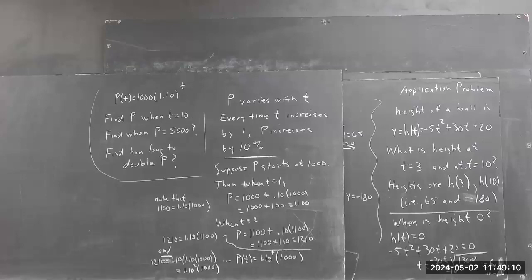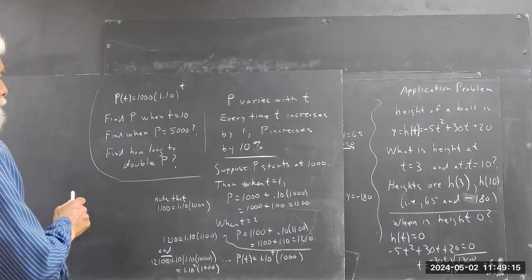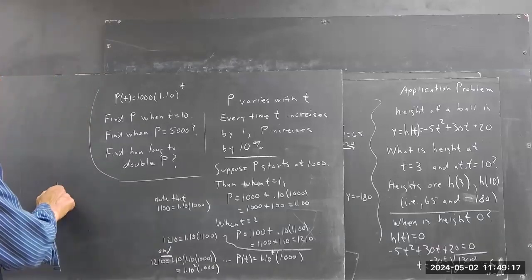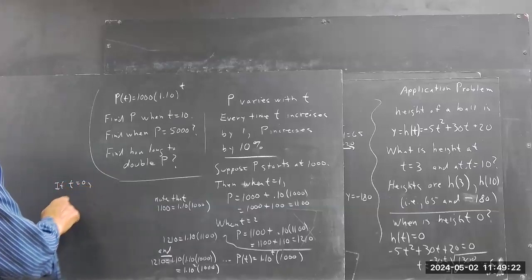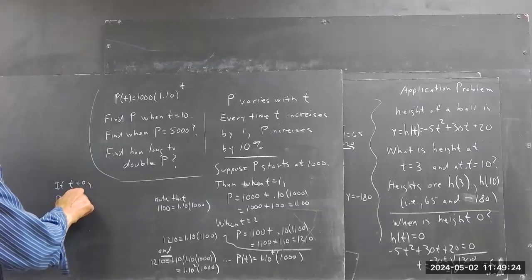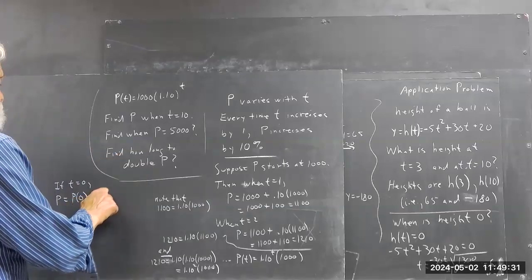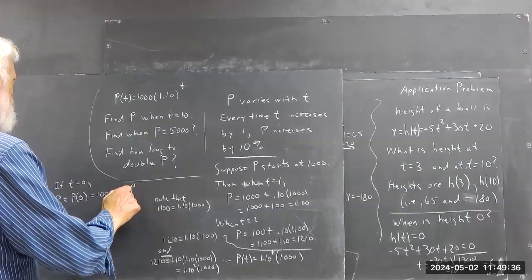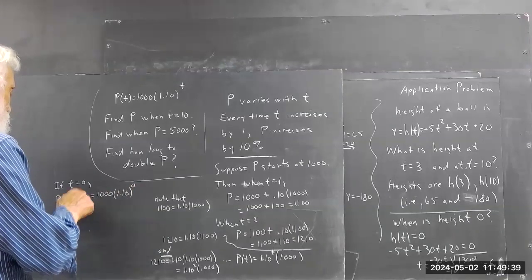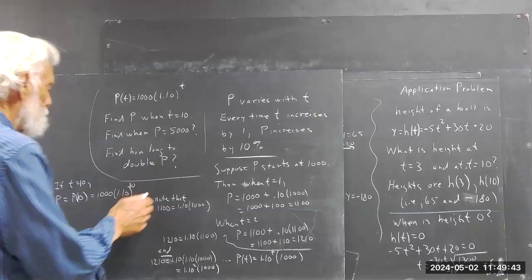Okay, now I got some very good answers. Population, or principal or whatever it is, P of 10 equals 1,000 times 1.10 to the 10th.